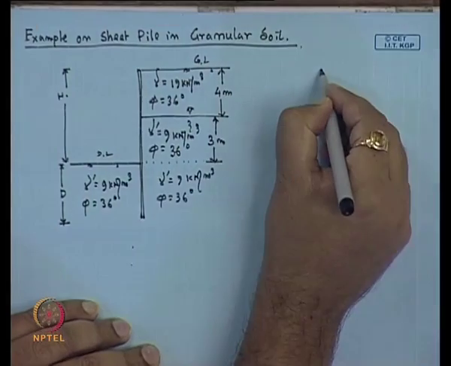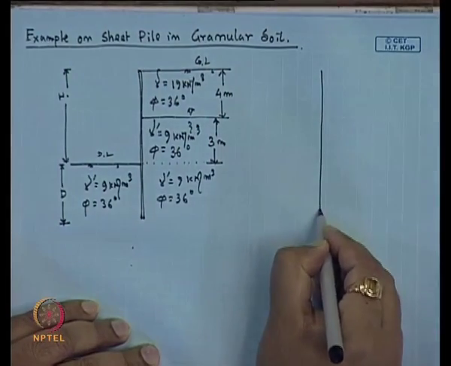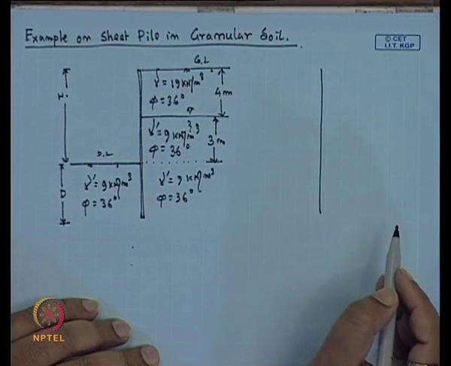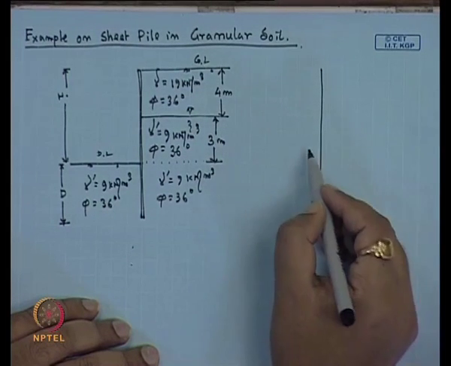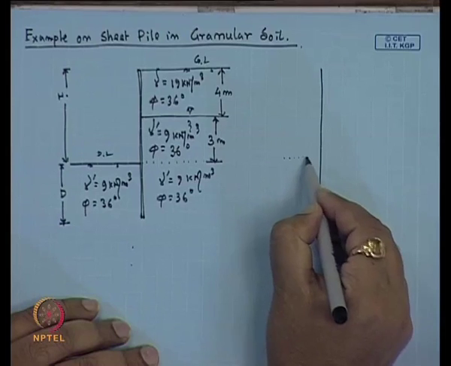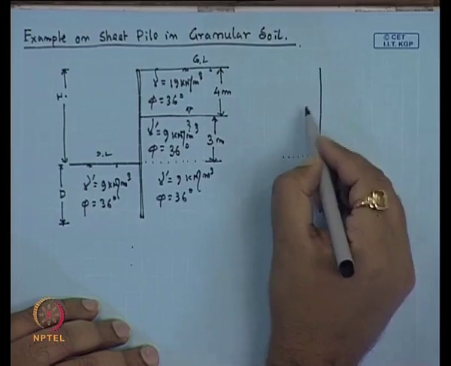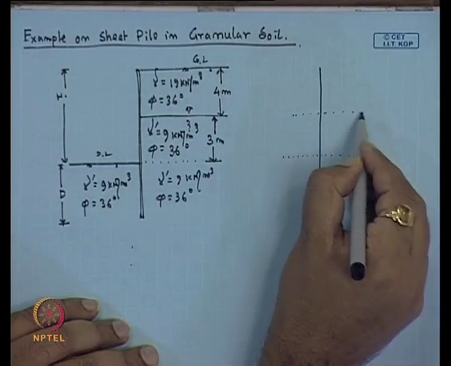Now, for this sheet pile, if we draw the earth pressure diagram, this is the dredge level, this is the groundwater table level.